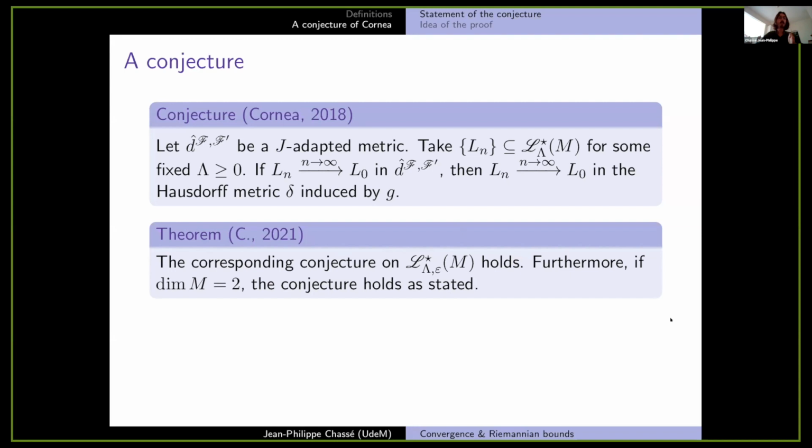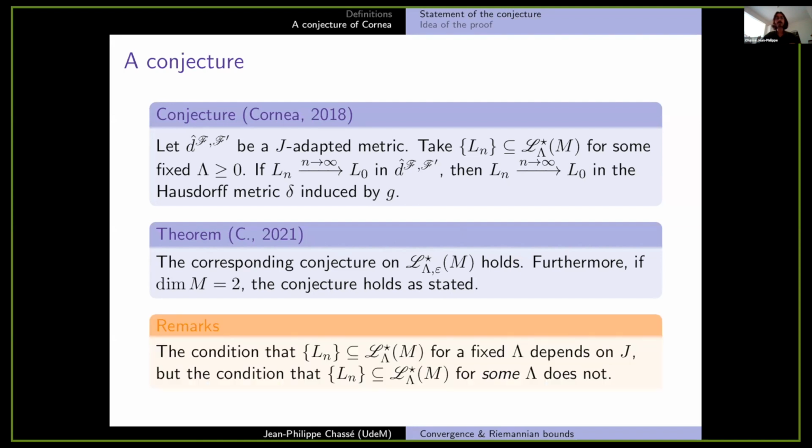Just a quick word before moving on to some consequences of that. Even though the condition that Ln is in L star lambda for a fixed lambda depends on J, if I change J, the same sequence might not be in the corresponding L star lambda space.